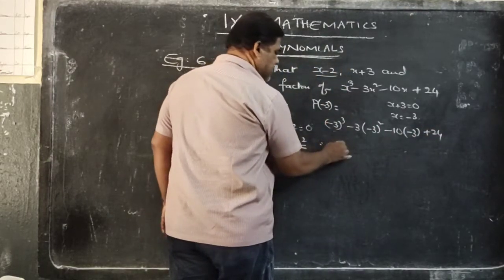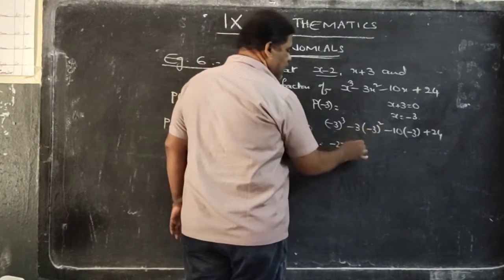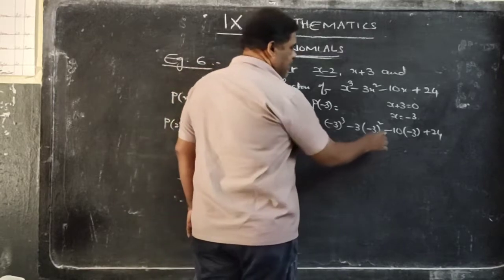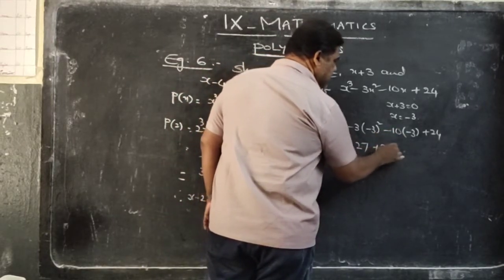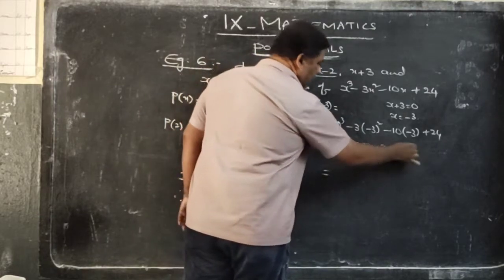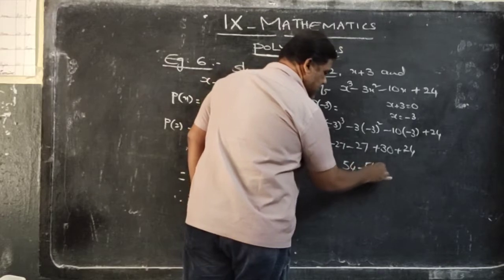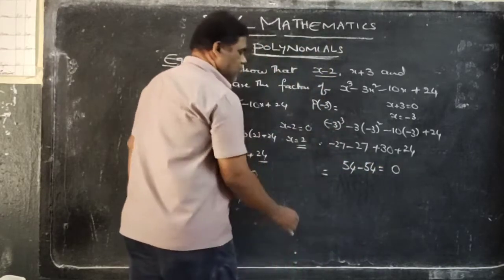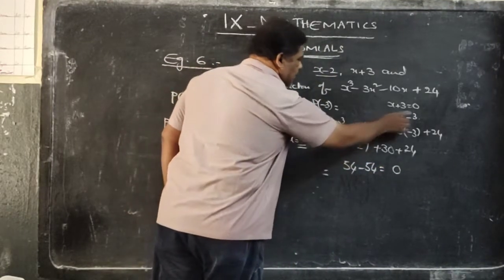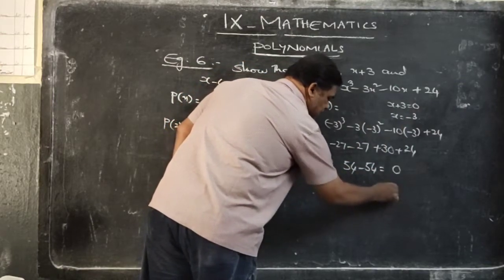This is minus 27. Minus 3 square is 9. 9 into minus 3 is minus 27. Minus into minus is plus 30, plus 24. The positive numbers sum to 54. The negative number sum is also minus 54. So we got 0. On substituting x is equal to minus 3, we got 0. Therefore, x plus 3 is a factor.